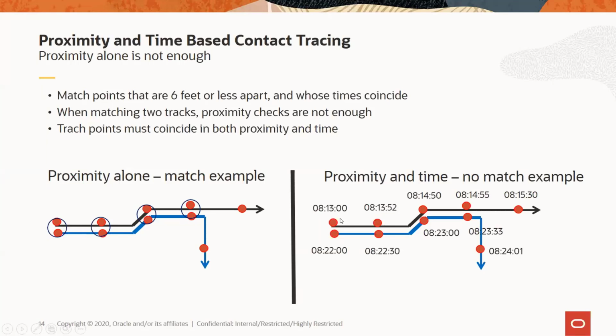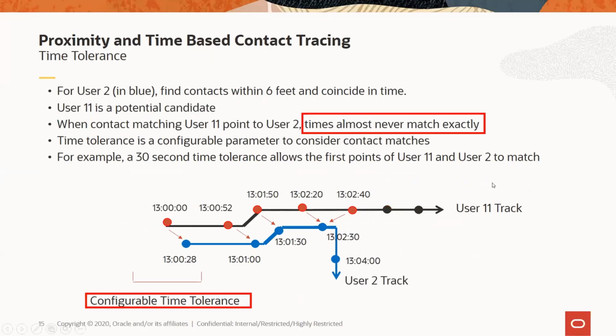So here you have no match, no match, no match all the way through. So the key for this type of proximity and time-based contact tracing is for both proximity and time matching. So it's correlating both proximity and time. So here's another example. So in blue, you have user ID 2, so track number 2.